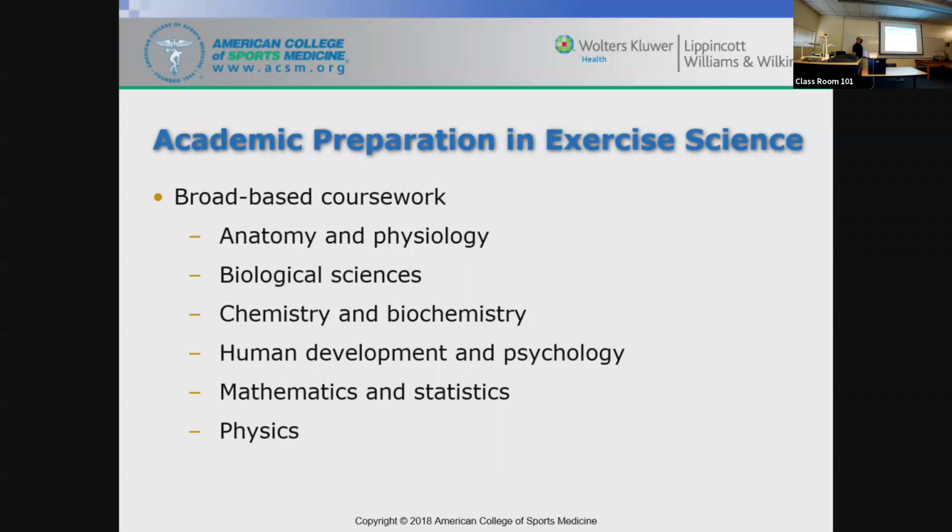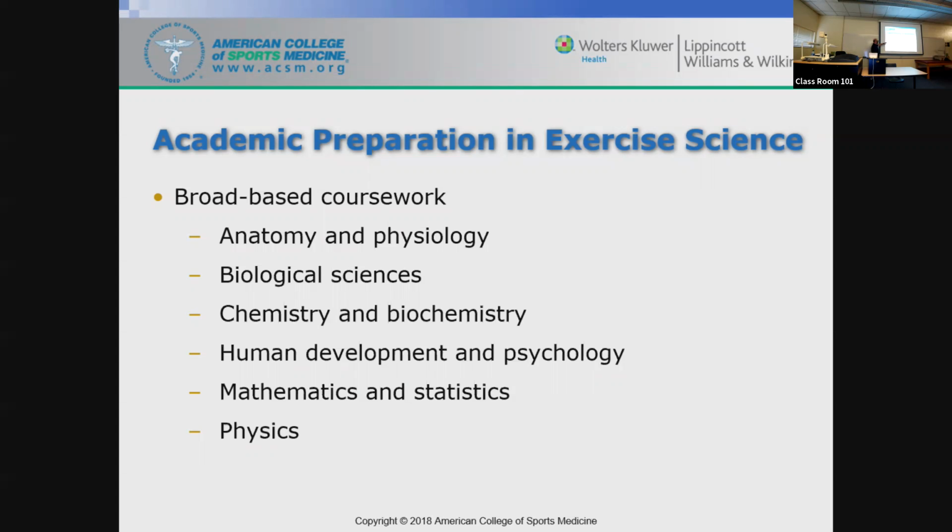And broad-based coursework: anatomy and physiology is the base. Understanding those two concepts, where the tissues are, where the organs are, what they're made out of, what the different parts are, and how they interact. And what is their purpose, what is the physiology of each of those organs and systems, and how those systems integrate into one another, which we'll get into a little bit today and on Wednesday with chapter 3.